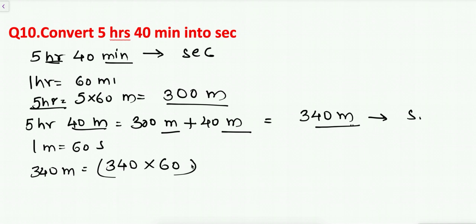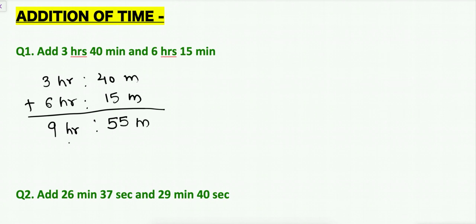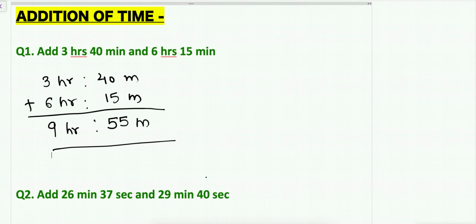So we'll do the addition. First we'll start with the minutes from the left hand side. So 0 plus 5 is 5, 4 plus 1 is 5 minutes, 55 minutes, and here 6 plus 3 is 9 hours. So the addition of 3 hours 40 minutes and 6 hours 15 minutes is 9 hours 55 minutes.